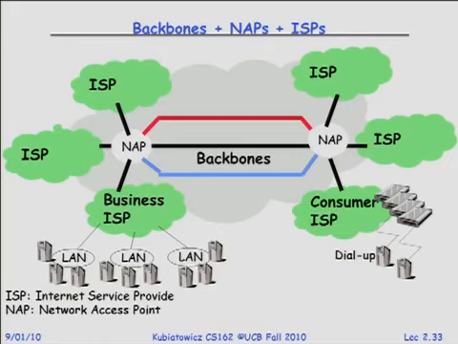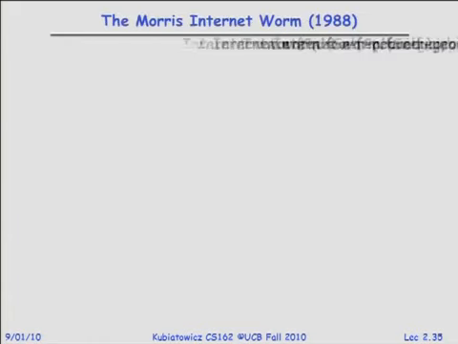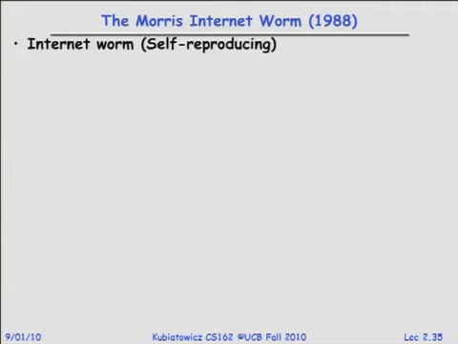Okay. So let's do a few other pieces of history. 1988 was a great year for lots of things. It was also the year for the Morris internet worm. This was the granddaddy of all worms. It was the first self-reproducing worm, sent off by a first-year graduate student from Cornell.